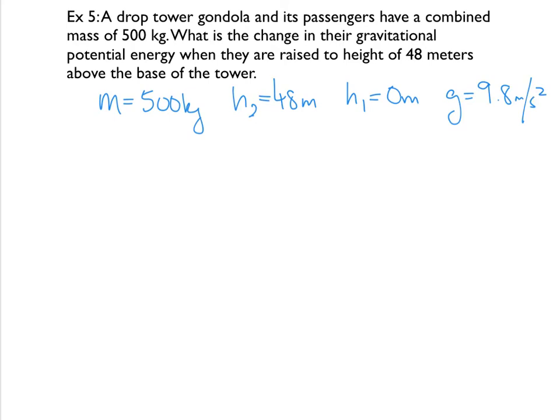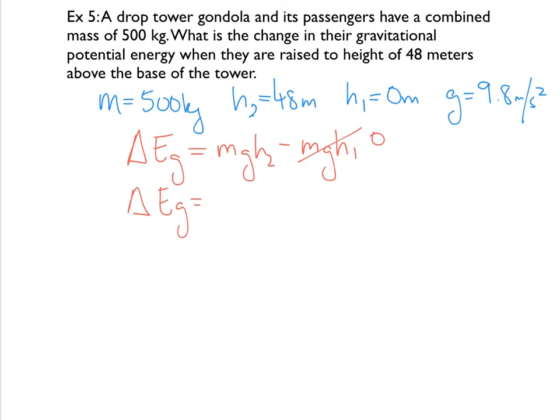The mass is the total mass, and g is always relevant in these kinds of situations, so 9.8 meters per second squared. Using the equation we just derived, the change in gravitational potential energy is going to be your final gravitational potential energy minus your initial gravitational potential energy. You know your initial height is 0, so this is 0. And so we can just plug in our values.